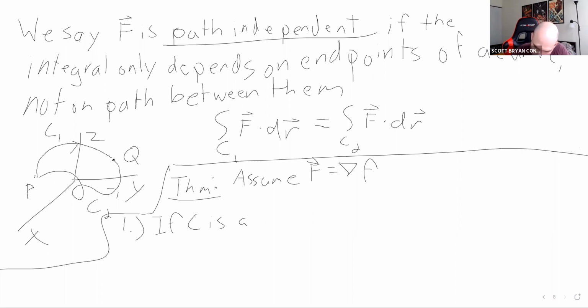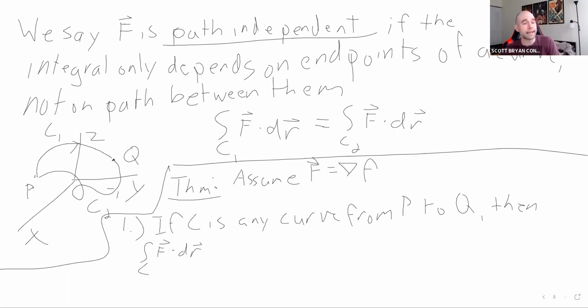If C is any curve from a point P to a point Q, then the integral over the curve C of the vector field F, it's going to work just like in 140.